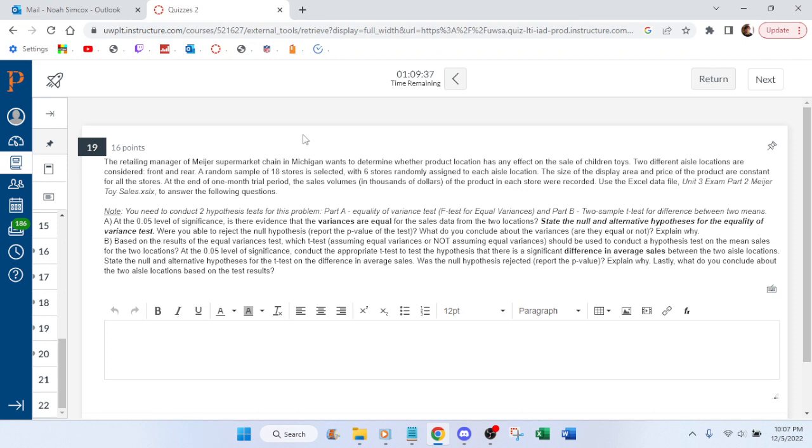Whether the product location has any effect on the sale of children's toys. Two different aisle locations are considered. We have 18 stores selected, 6 stores randomly assigned to each aisle location.